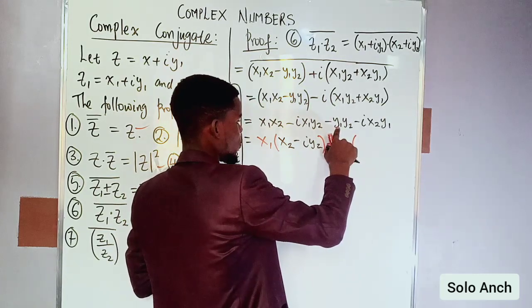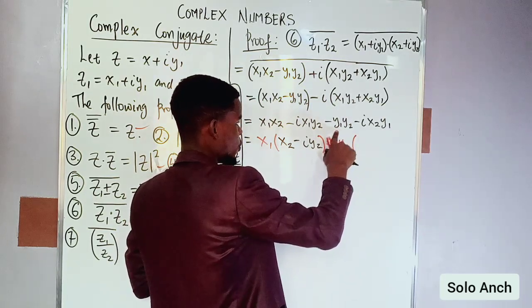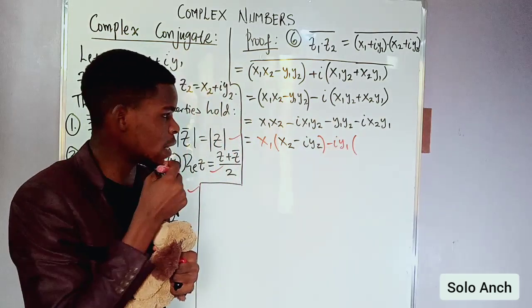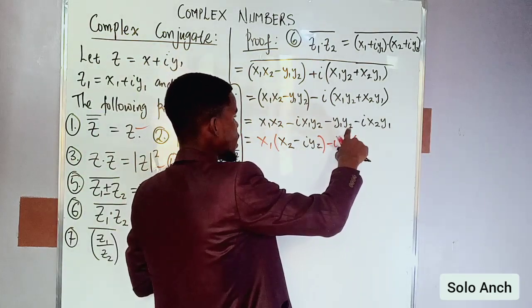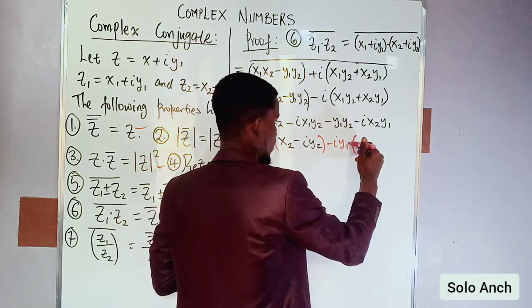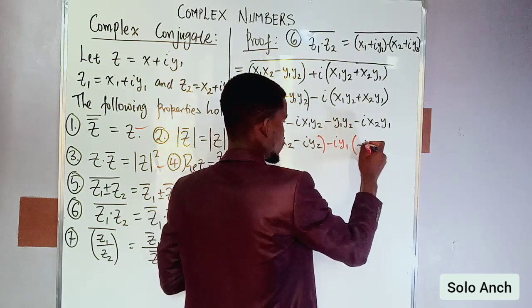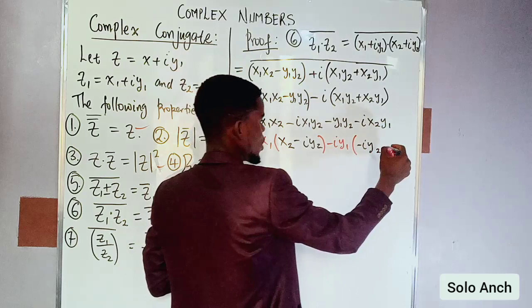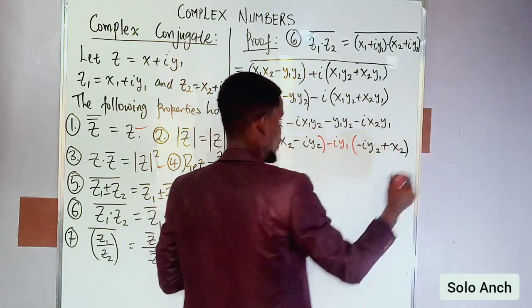So we factor out y1 from here. y1 will no longer be here, but we factor out the negative sign as well. So this is supposed to be y2, but we factor out i. So when you multiply this by negative i, you're going to get 1, which means the remaining here will be negative i y2. Similarly, the negative i is out here and the y1 is out here, so we have plus x2 left here. Great.